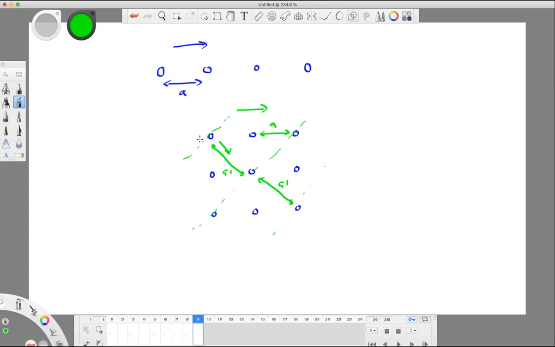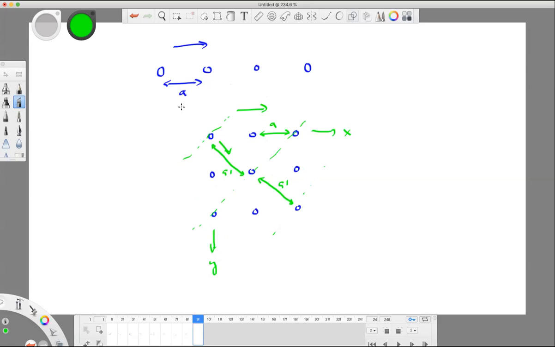So the interference effects are going to vary depending on the direction. If this is a square lattice, we will see the same dispersion in the x and y directions. So you see that the interference effects depend on direction.